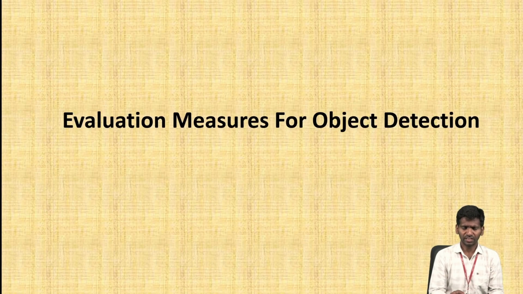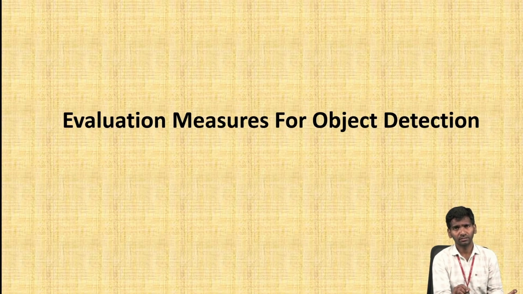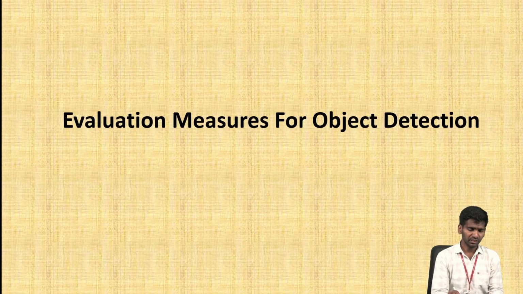Next we are going to see evaluation measures for object detection. We have seen what object detection is. Now, how good or how bad are the detected objects? All of that can be measured using some evaluation measures.